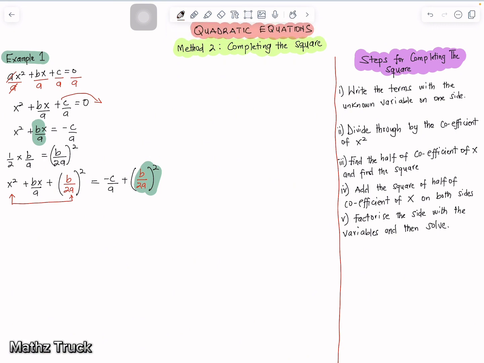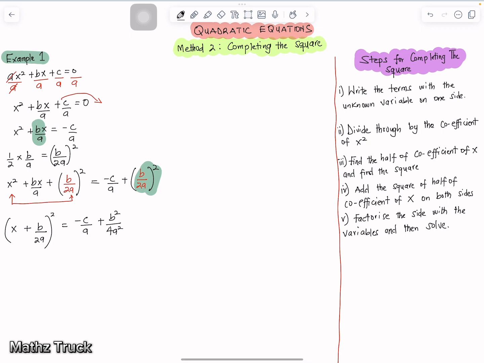So let's move as you watch it. Putting this in a simple bracket, since they have the same square, we're going to write x plus, is positive, so it's going to be b over 2a all squared equals negative c over a plus, now expanding this will give us b squared over 4a squared.